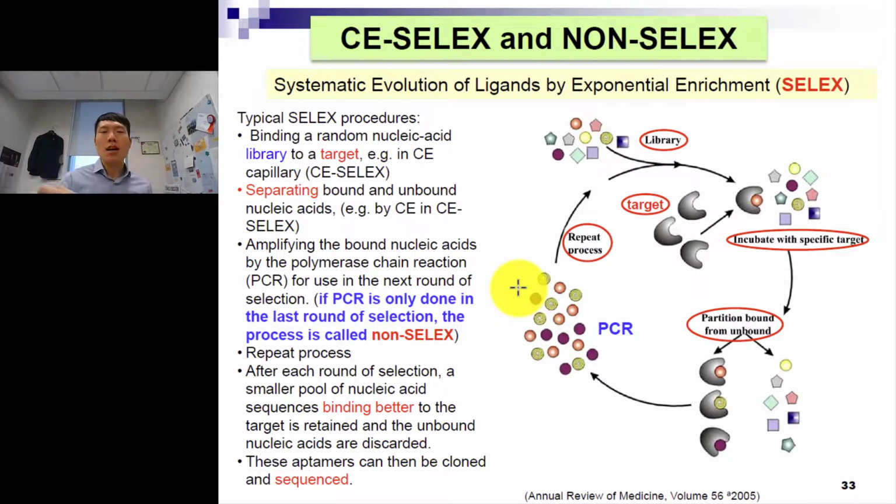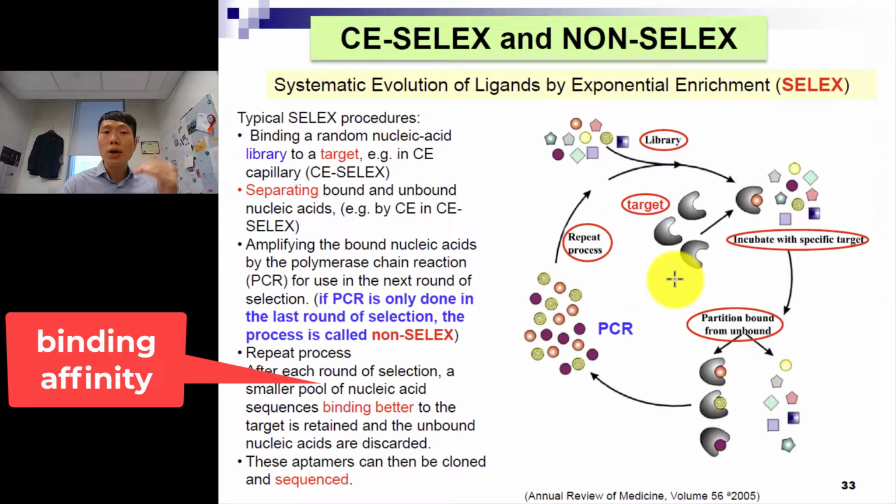Pretty much it's a kind of pre-concentration and enrichment, because we have a mixture of all your analytes, and you're trying to use your target to absorb those that can bind and remove the rest. So it uses this partition system where it has a binding affinity to a specific target from your mixture in the library, and then removes the rest. And when you go through the system again and again, you can really enrich what you want to scan.